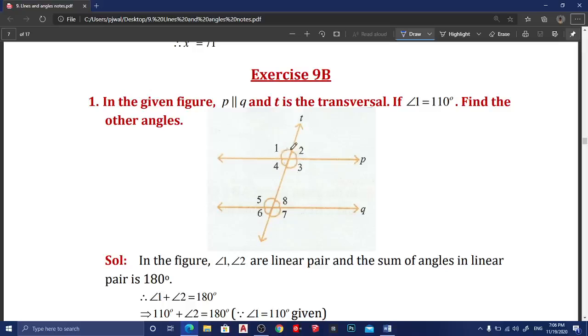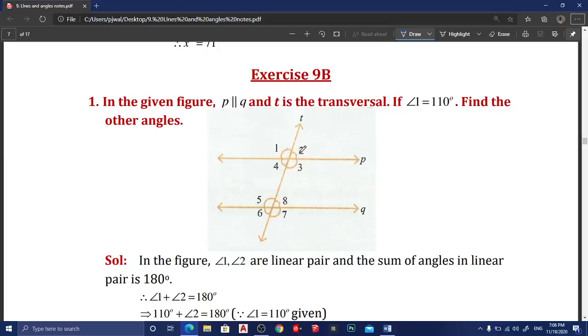Okay, this angle 1 and angle 2 are called a linear pair, and angle 4 and angle 3 also a linear pair, and angle 1 and angle 4 also a linear pair, and angle 2 and angle 3 also a linear pair. What is the property of linear pair? The sum of the two angles is equal to 180 degrees.